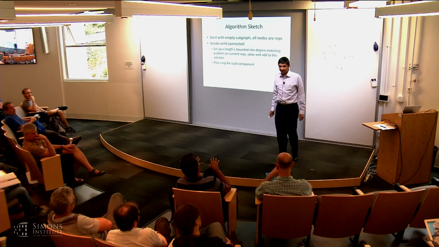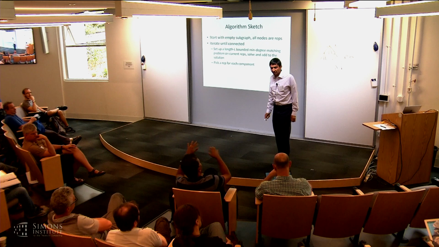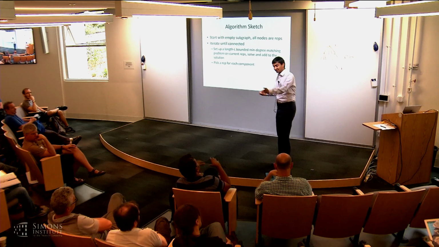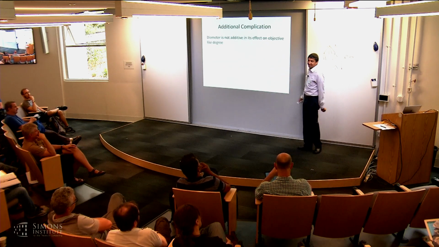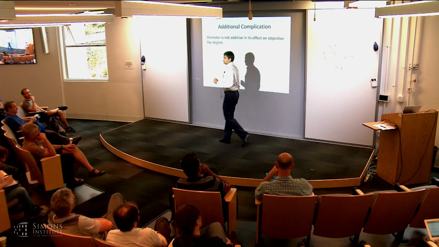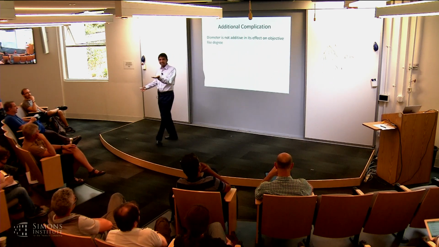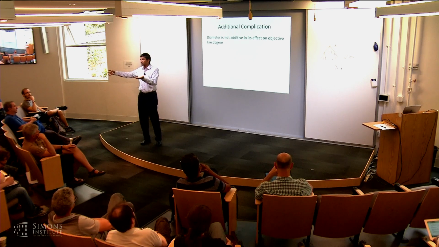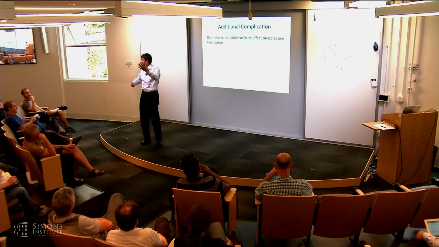Yeah, as you add these things. Good, I think Chandra is awake. Because diameter is not additive. If I add 1 subgraph and it gives me degree d, and I add another subgraph from another iteration, it gives me degree another d, so over k iterations the total degree will be k times d.